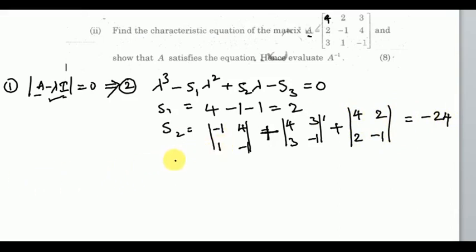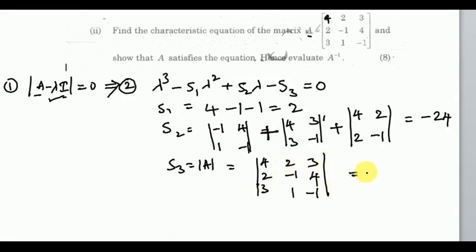And s3 is the determinant of A, that means the determinant of 4, 2, 3, 2, minus 1, 4, 3, 1, minus 1. You will get the determinant as 31.